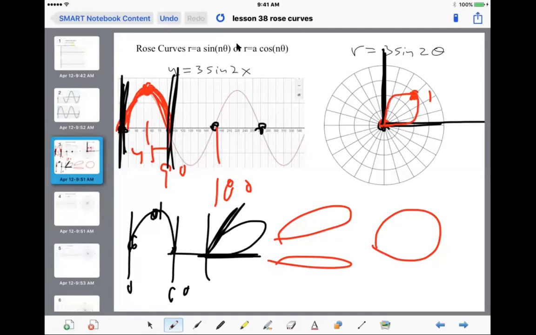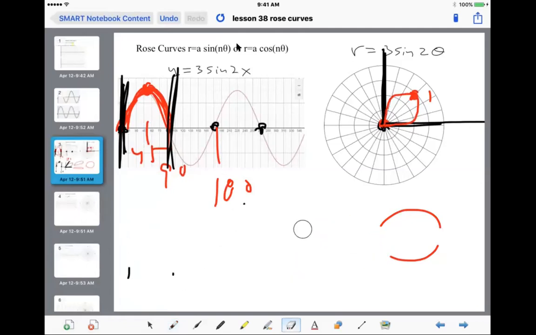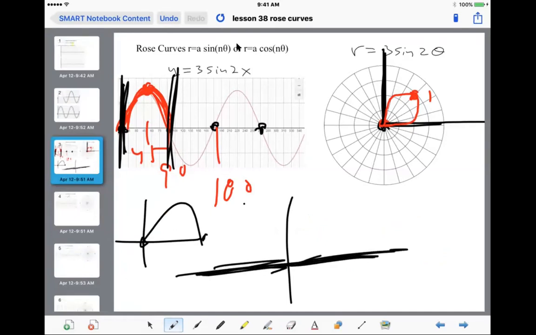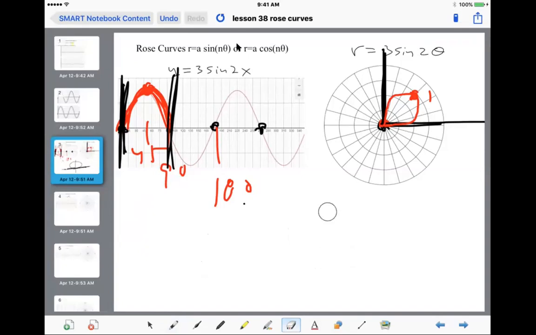And in the extreme case, where it was just y equals sine theta, that actually still was like a petal, but it was from 0 to 180. So my lines were like that, and the petal ended up becoming a circle, actually a perfect circle. But this stuff all kind of agrees with each other. Like the fact that when there was no coefficient in front of the x, it became a circle, was just a special case of this idea of the petal.